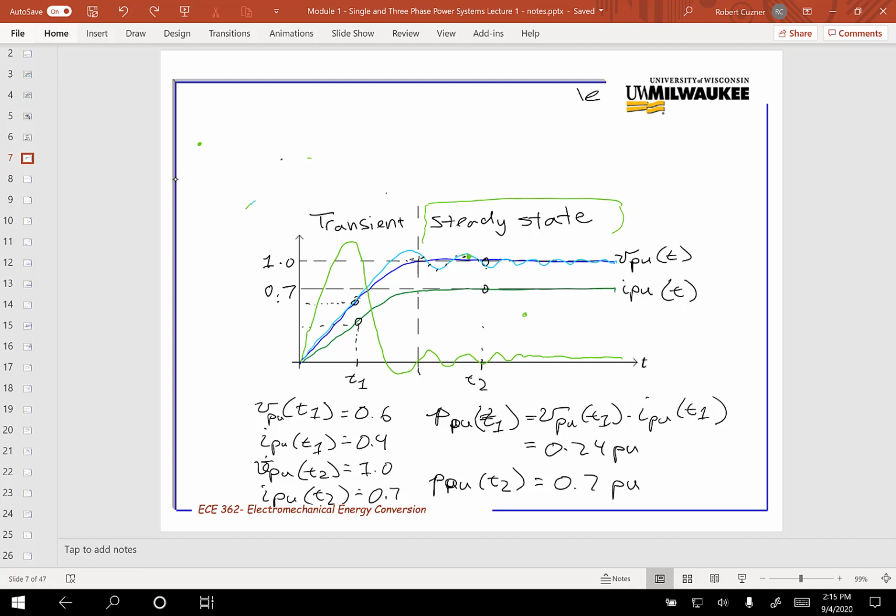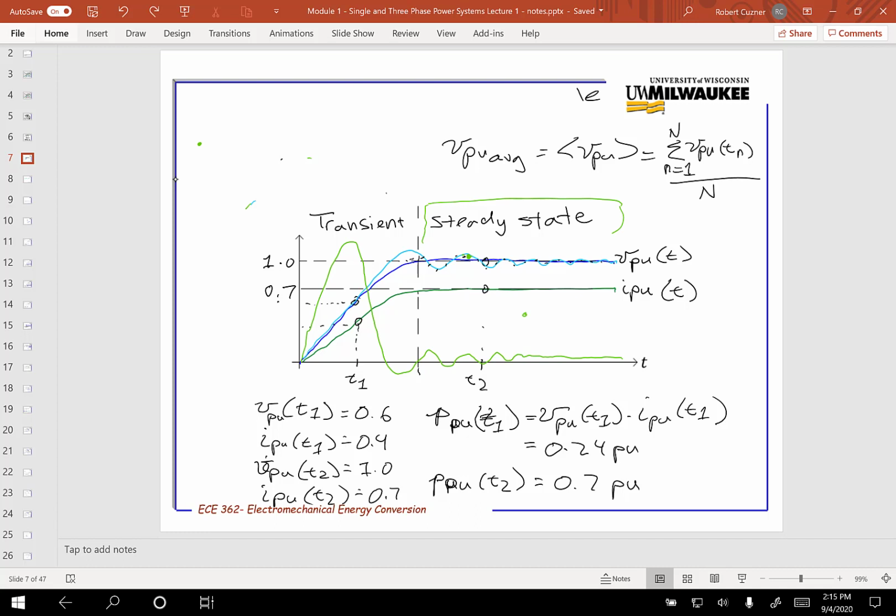Okay, so you could take all these little points right here and you could find a V per unit average, which I like to use this symbol here for average, and that would be the sum from n equal 1 to however many points you took, let's say n points, of VPU T sub n divided by n.